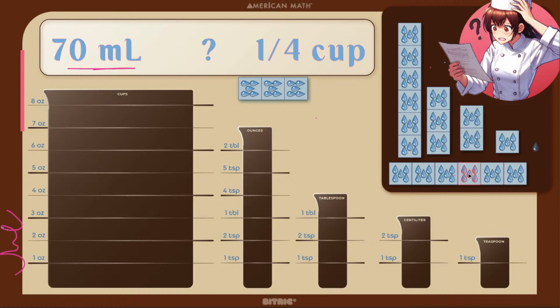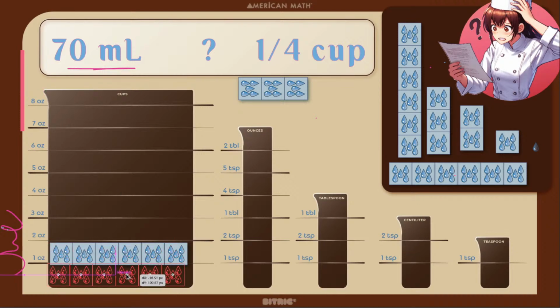But let's bring out our ounces. We know 1 ounce is 1/8 of a cup. And 2 ounces is 2/8 of a cup, aka a quarter of a cup that we're looking for. So we know 1 ounce holds 30 milliliters.